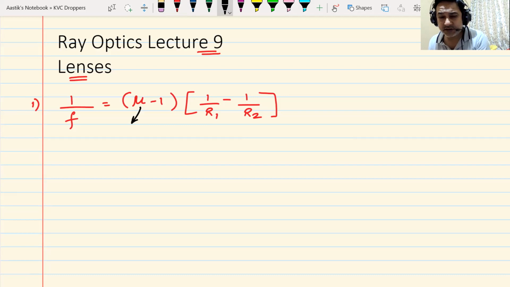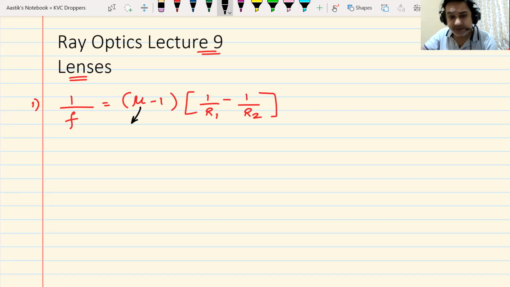Refractive index is a relative term. Refractive index of lens with respect to air, vacuum, atmosphere, hydrogen, nitrogen, what? See? We are back to square one that we don't remember it.